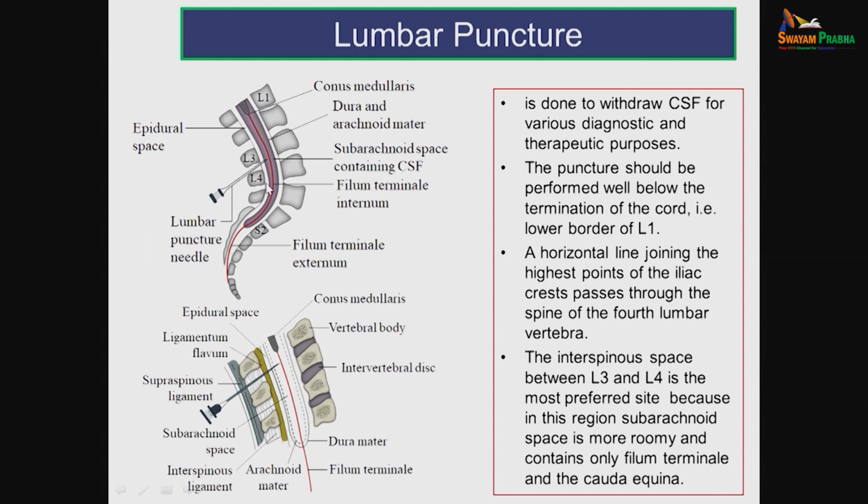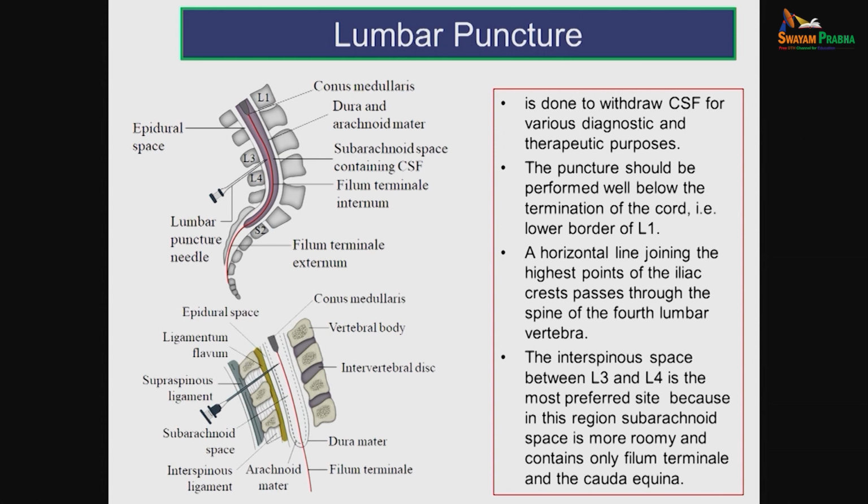The lumbar puncture to withdraw the cerebrospinal fluid is usually done in the interspinous space between L3 and L4, where the needle is inserted. To identify the L3, L4 interspinous space, you can draw a horizontal line at the highest point of the iliac crest.